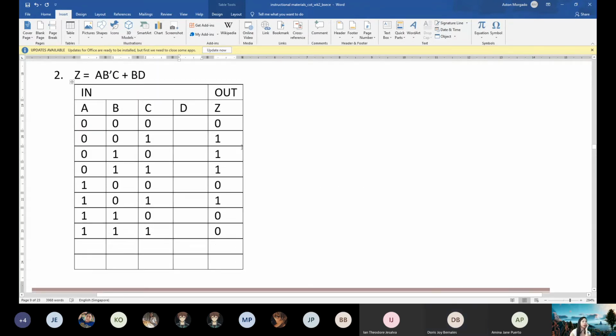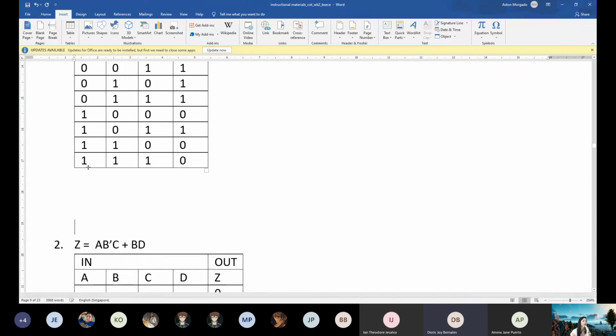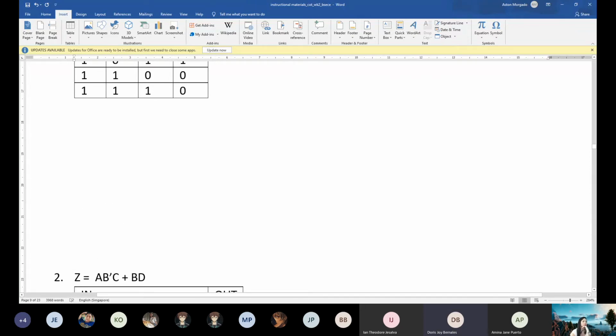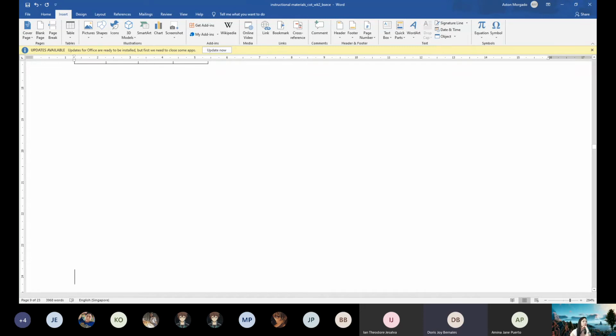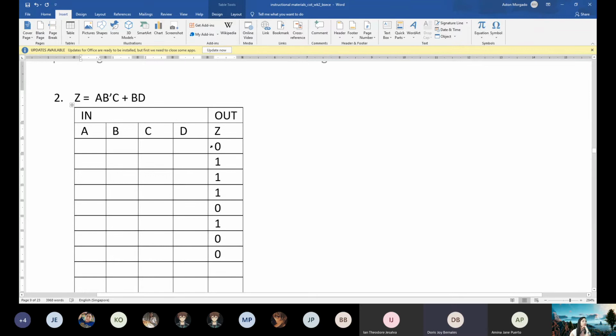So again, we'll rewrite this. 2 to the 0, 2 to the 1, 2 to the 2, 2 to the 3. For the first column, we repeat the pattern 0, 1, 0, 1.